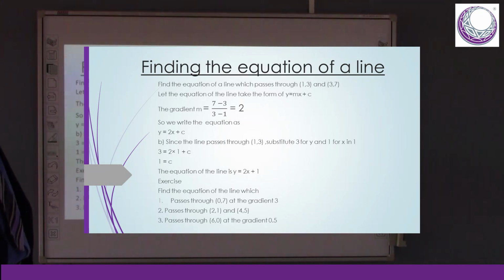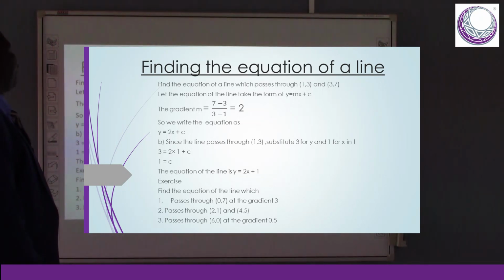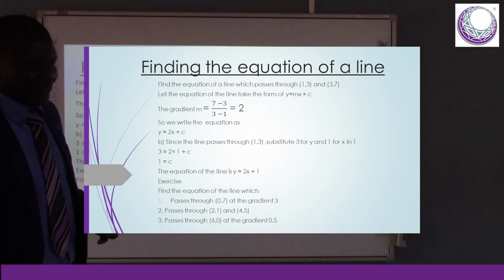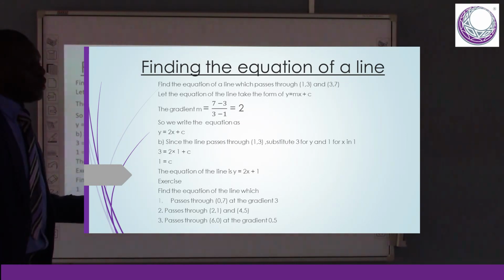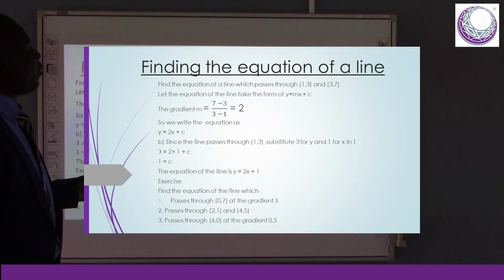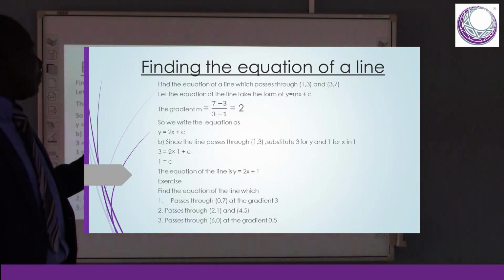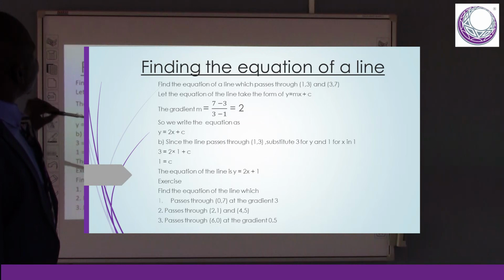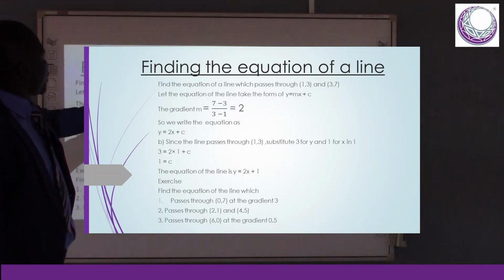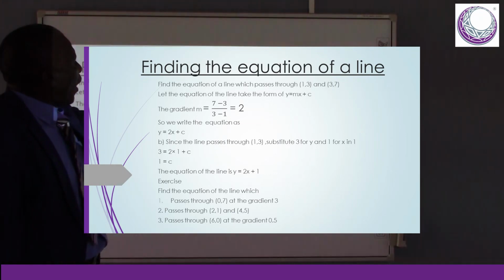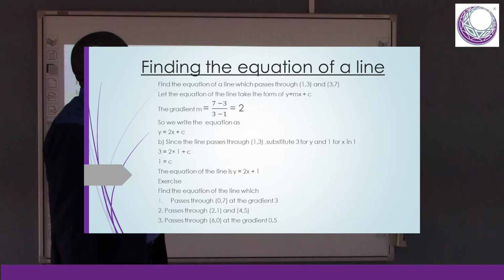Now let's move on to our next part, finding the equation of a line. I have earlier said the equation of a line is in the form y = mx + c. So suppose we are given 2 points. For example, find the equation of a line which passes through the points (1, 3) and (3, 7).